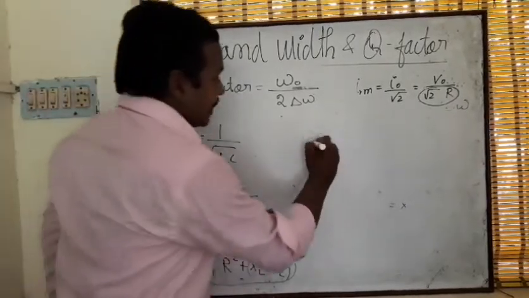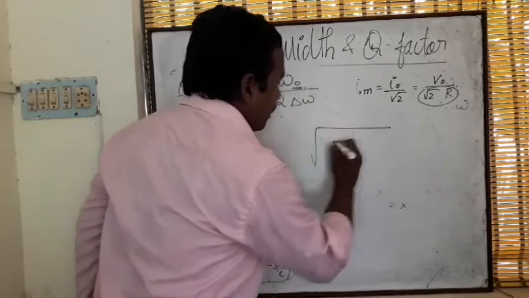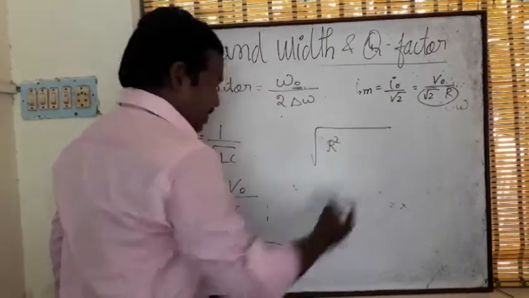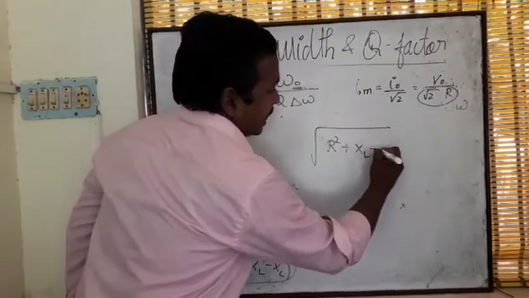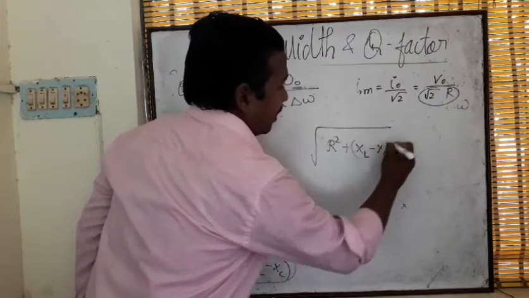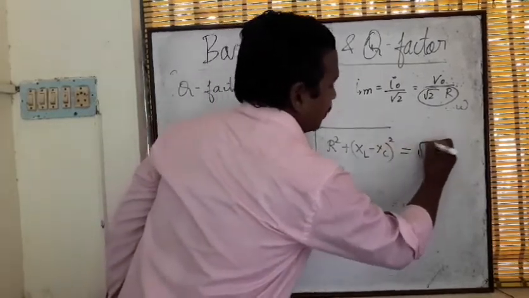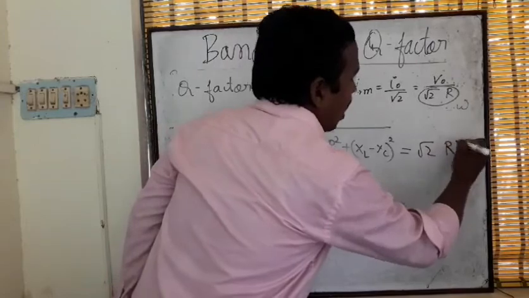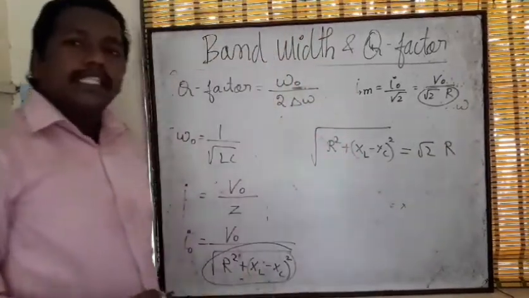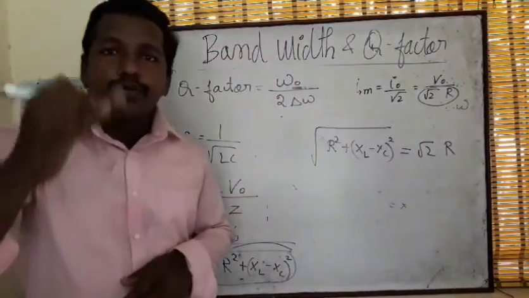Okay, so that means root of R square plus XL minus XC whole square is equal to root 2 times R. Okay, I want to square both sides to remove the square root.